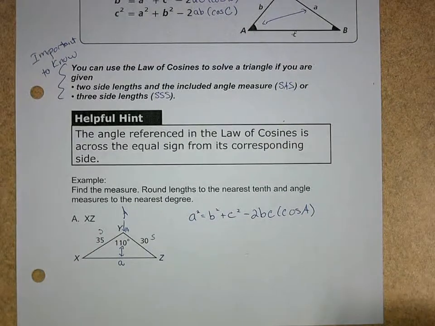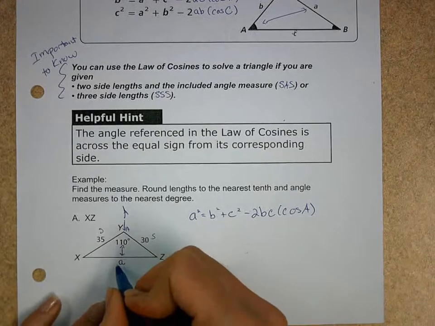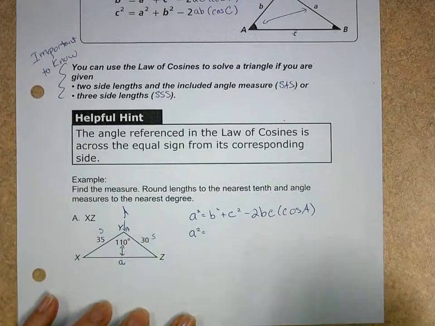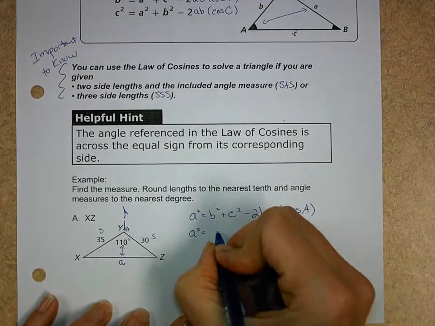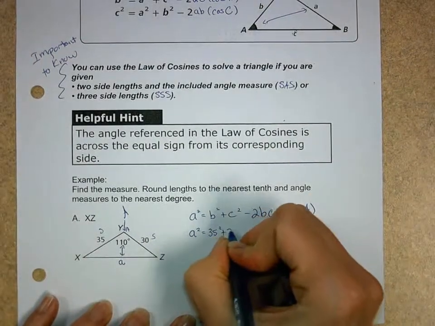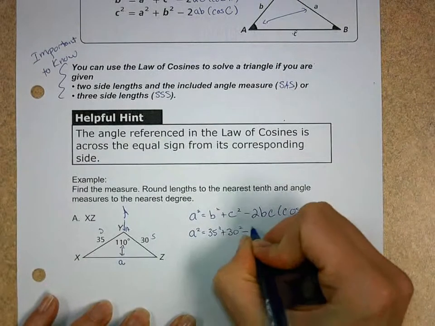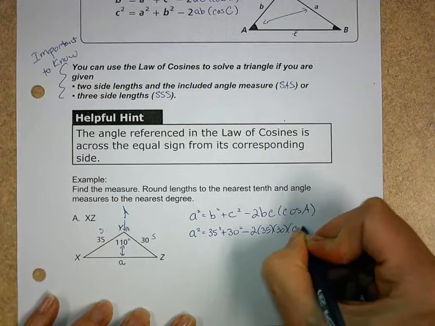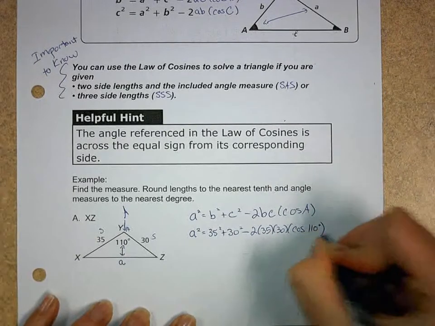So when I do this, we just plug it in. XZ is A. So we have A squared equals, and for the other two sides, it doesn't matter which one's B or C, 35 squared plus 30 squared minus 2 times 35 times 30 times the cosine of 110 degrees.